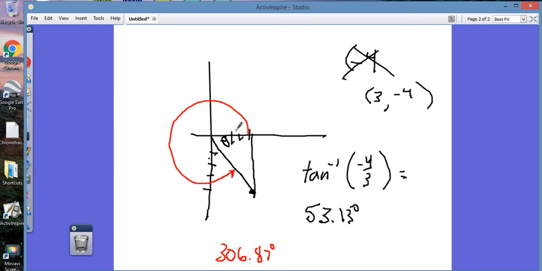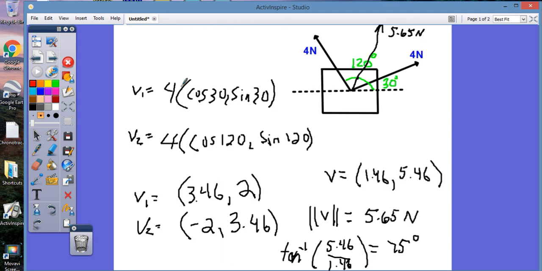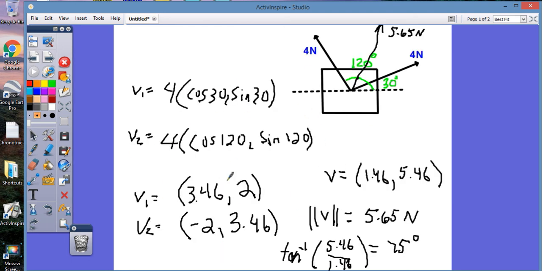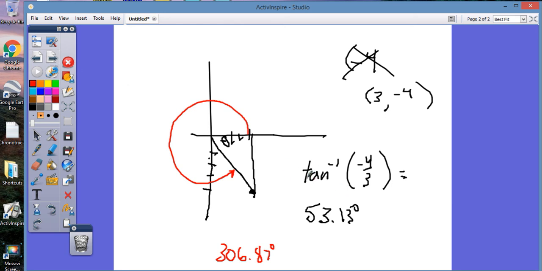So depending on what quadrant you're in, convert that to an angle from 0. In some cases you may be subtracting from 180, some cases you may be subtracting from 360. Okay, so here was your resultant force problem, and then here's just your basic find a vector angle.